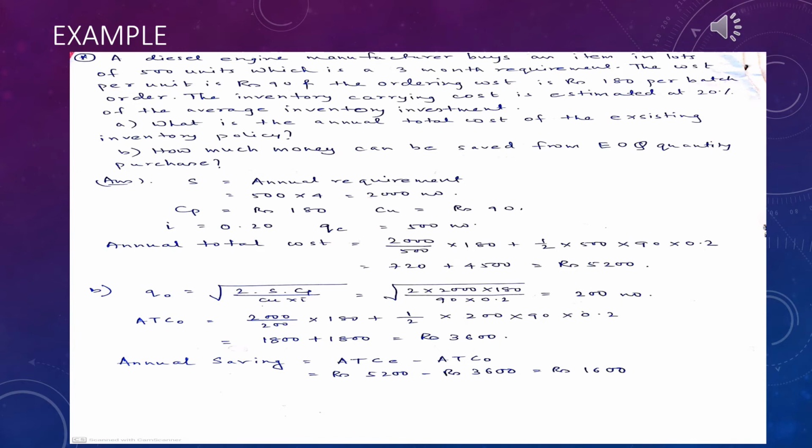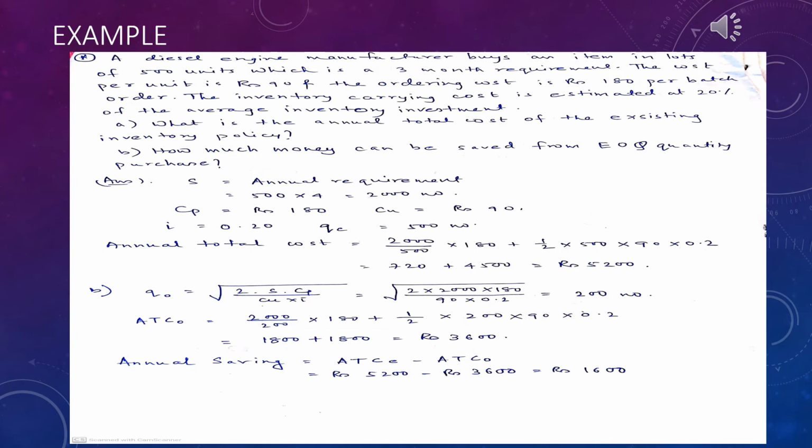If we calculate that and add it to the annual ordering cost, we get the figure at somewhere around rupees 5,200. Now 5,200 is the annual total cost achieved by the organization before they were ordering in EOQ.